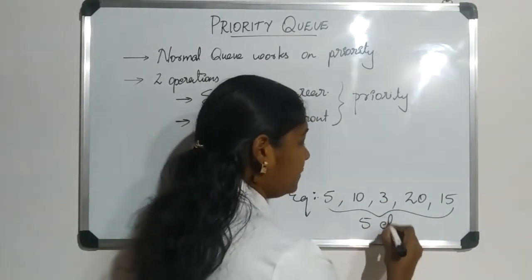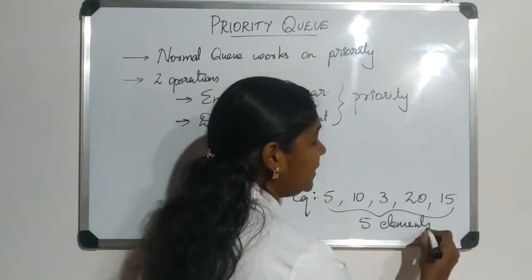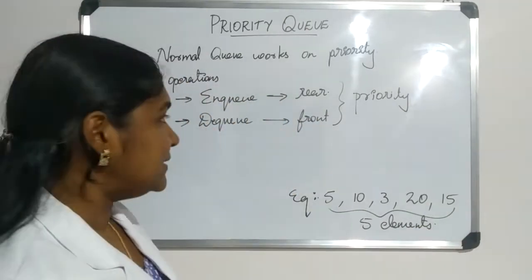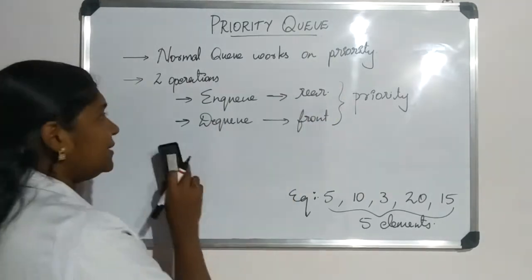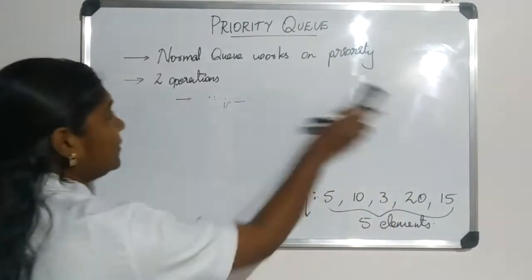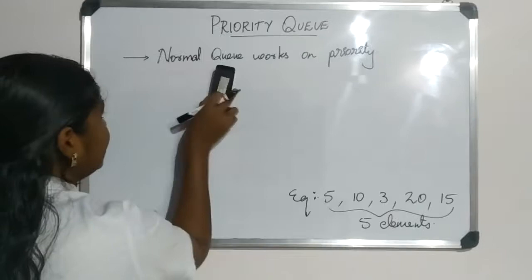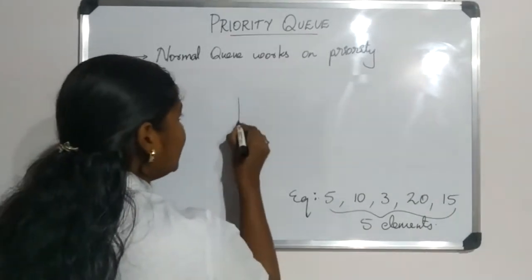Right now we are performing the NQ of a total of 5 elements to understand the NQ concept. So I think we have noted down all these points. Let's take an empty queue into consideration.